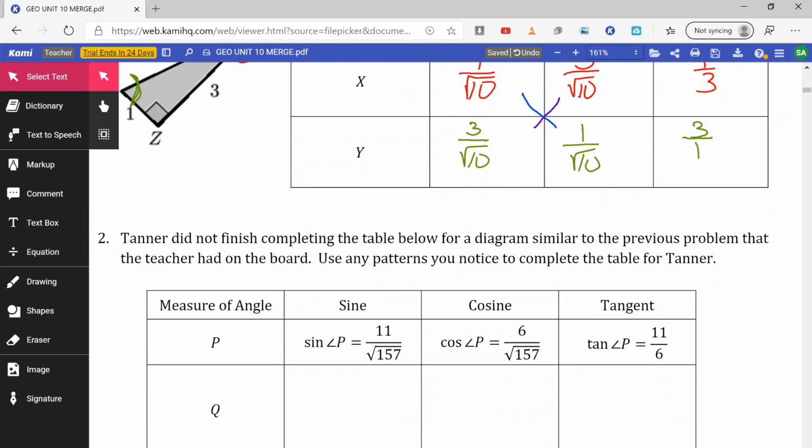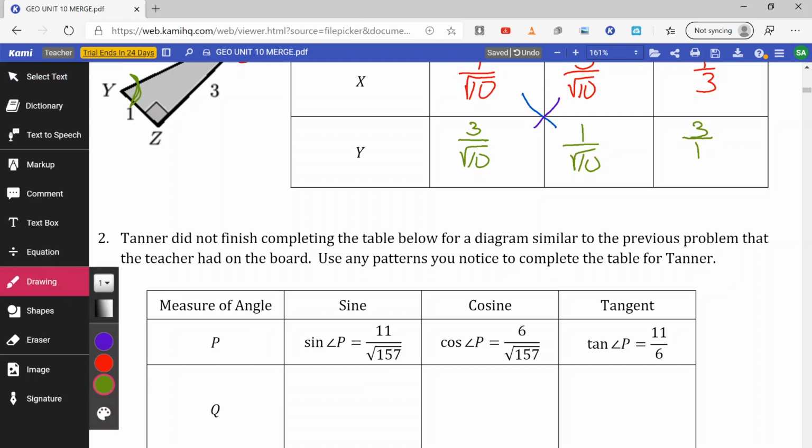For instance, for P, we are given sine, cosine, and tangent, and we have to fill in the line for Q. Well, we know that cosine of P is going to be the sine of Q. So it's going to be 6 over square root of 157.